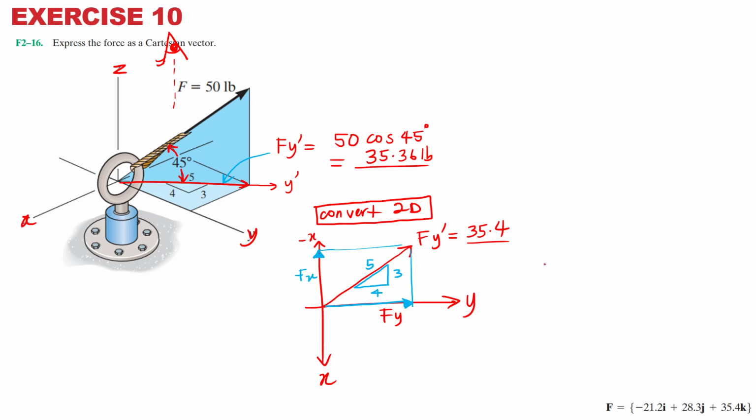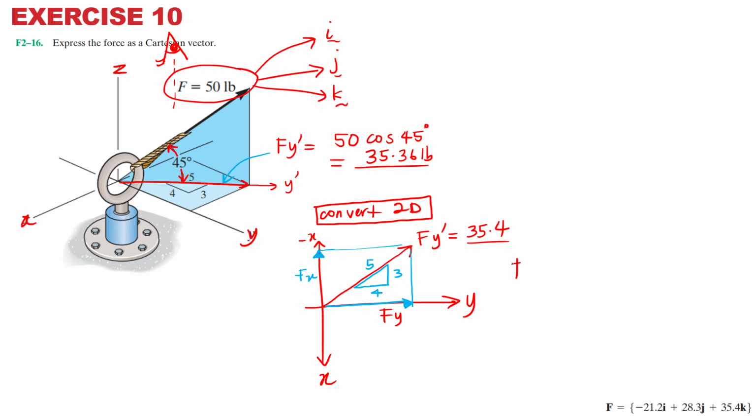So we can easily solve this. This value we know. So again, 50 pounds, you got to convert them, right? You have to find the i, j, k components. So you got to find them one by one. You might as well, never mind, we have Fy here.